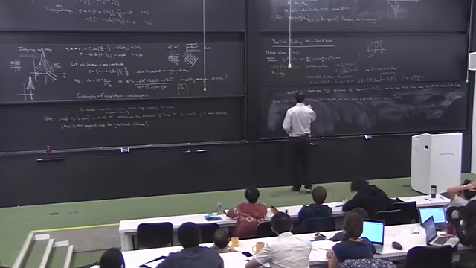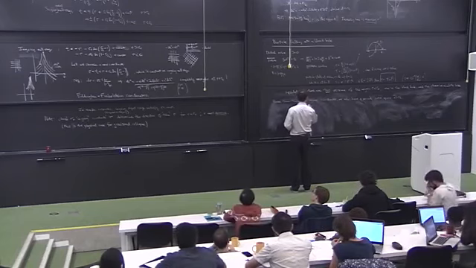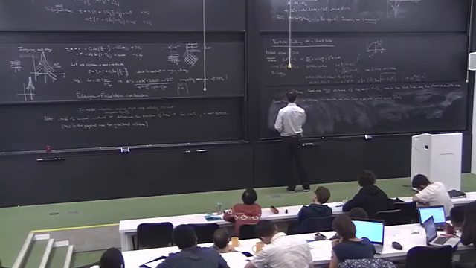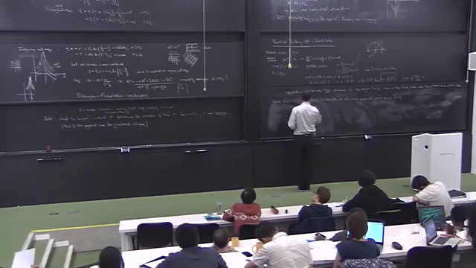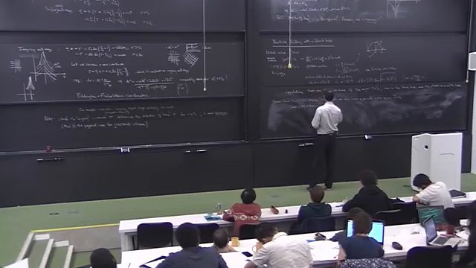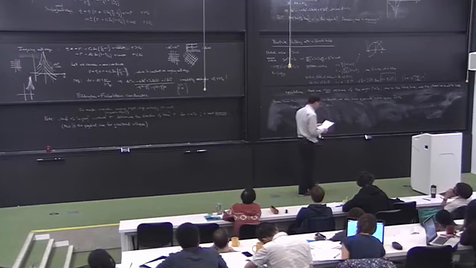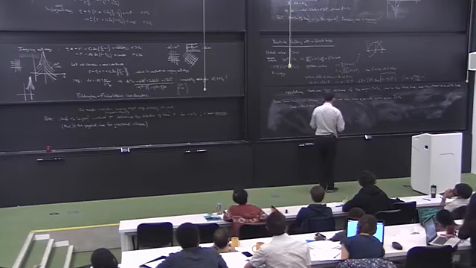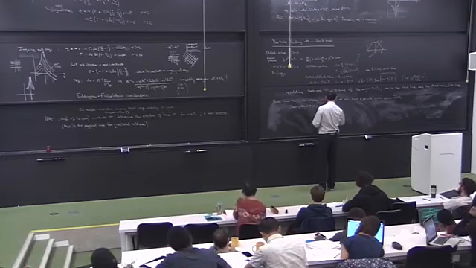So in ingoing coordinates, we have two sets of radial light rays: dV equals 0, and the other solution to ds squared equals 0, which is dV equals 2 over alpha dr.